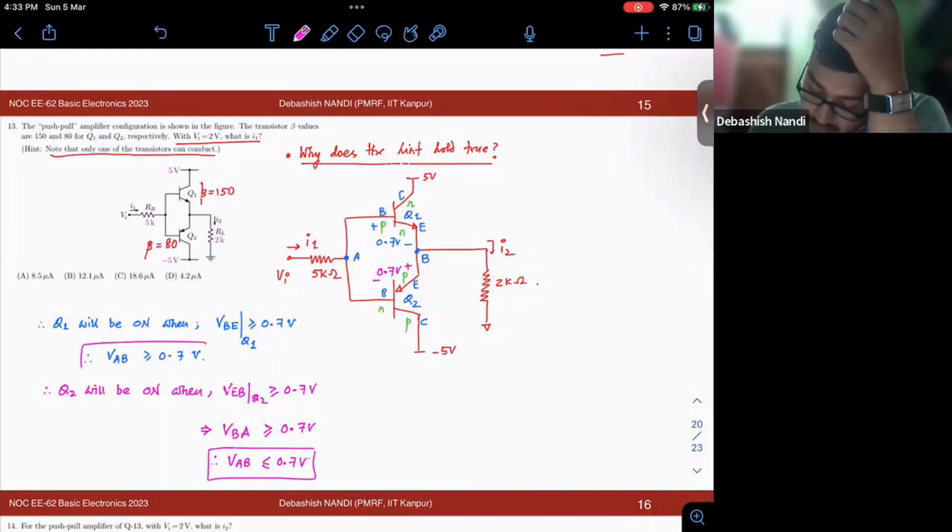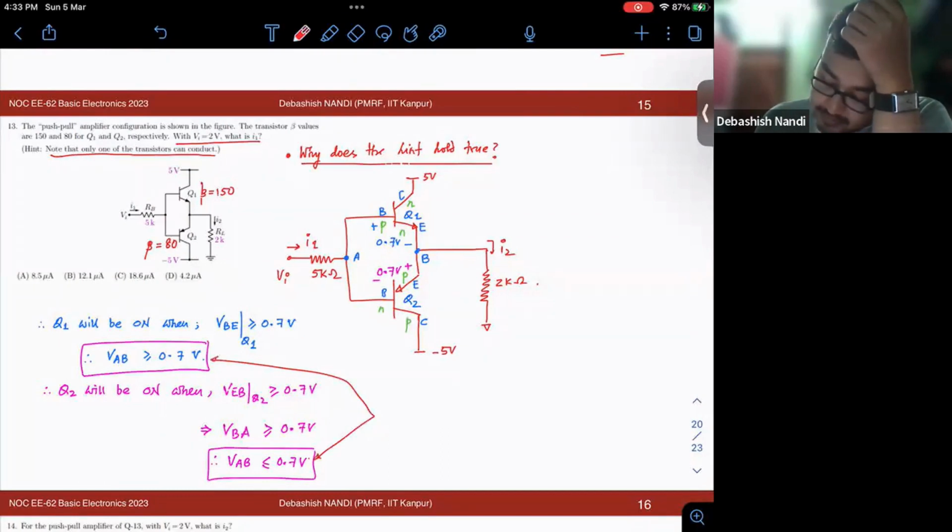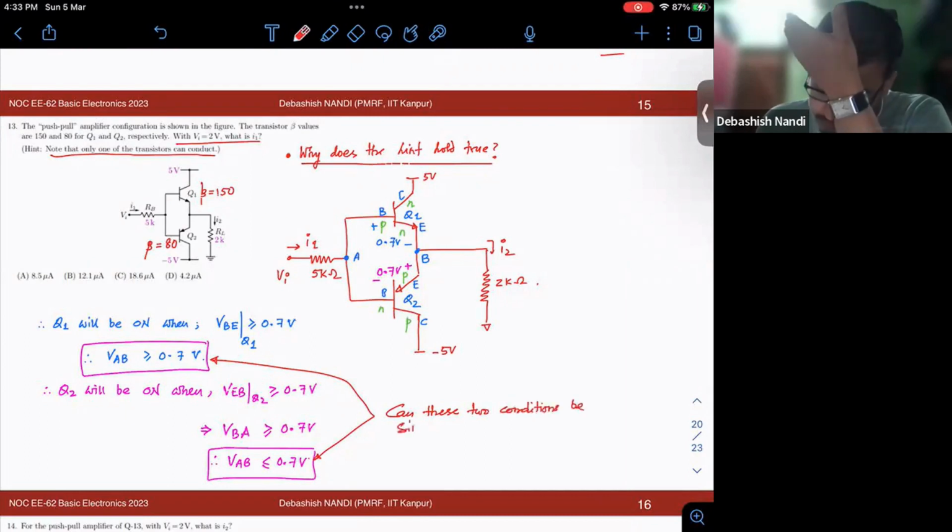So can these two conditions be simultaneously valid? This cannot, right?